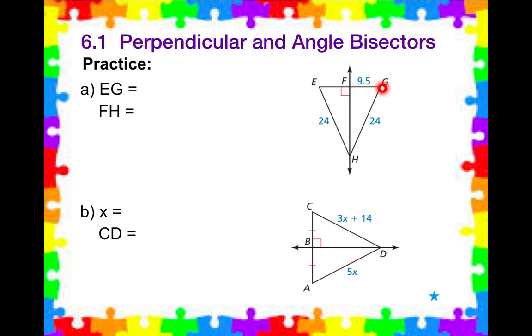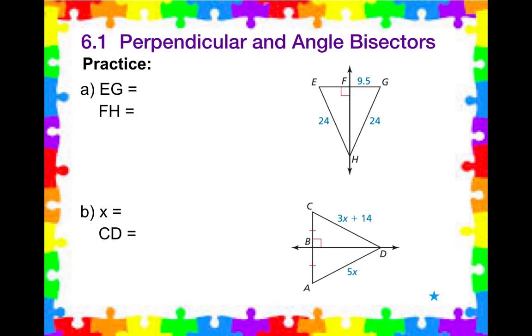So EG is going to be twice this distance. FH is going to be, well, that's not hard because we can use the Pythagorean theorem since this is a right triangle. So we can just use the side 24 as the hypotenuse and 9.5 as one of the legs to compute the other leg. I'm going to leave the computation to you.